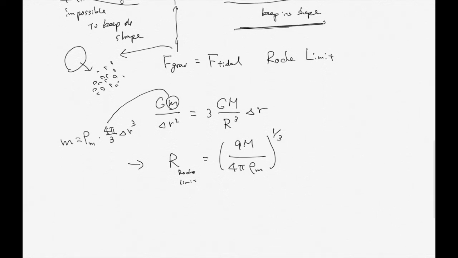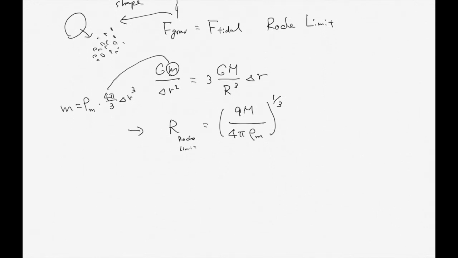Then if you want to find the Roche limit of the Earth, R Roche, you can substitute the mass of the Earth and a density of 1 gram per cubic centimeter.